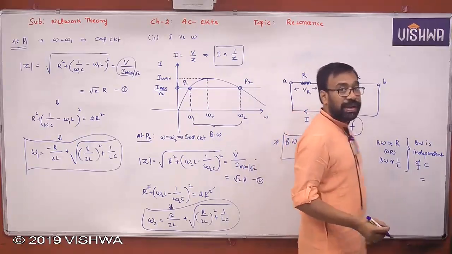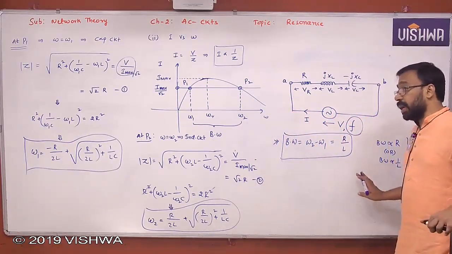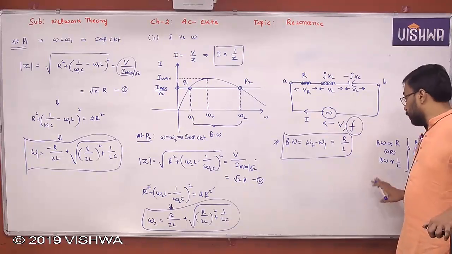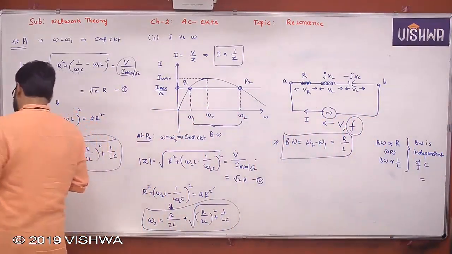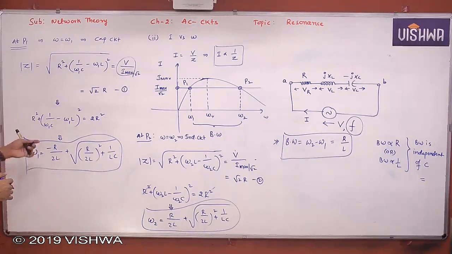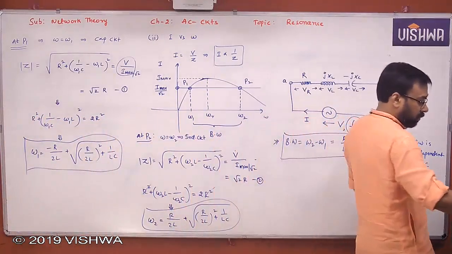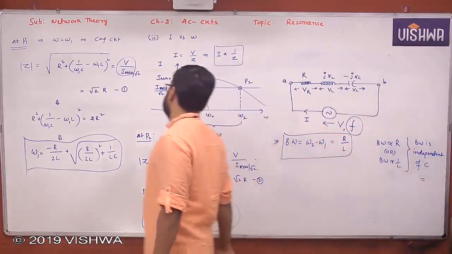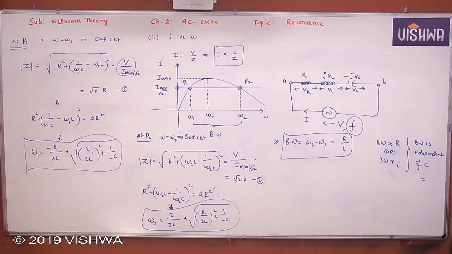If capacitance value is doubled, then what will happen to the bandwidth? He's asking the questions in 1 mark questions, in many of the competitive exams. So please note down this, the bandwidth, omega 2 minus omega 1, R by L. Quickly note down.